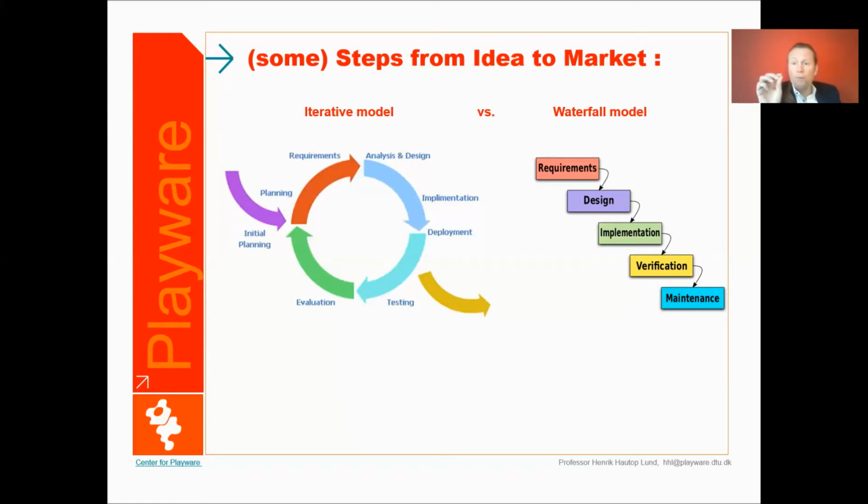So the important thing here is that in many situations, especially when we are talking about interactive products, human machine interaction, human robot interaction, products that are supposed to be used by real users, everyday people, then it can be very, very difficult to make those requirements that are needed in the waterfall model.